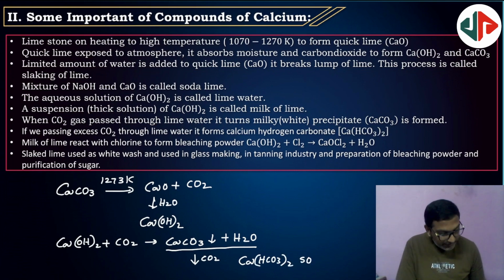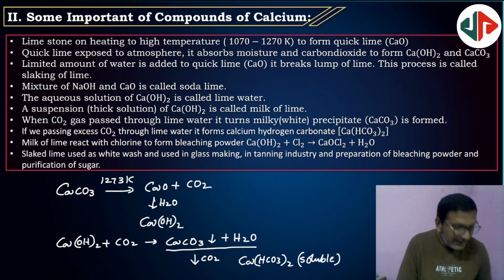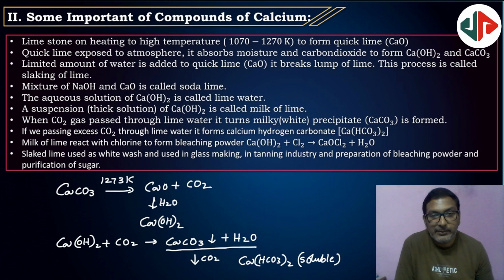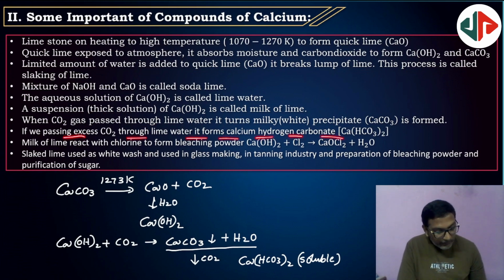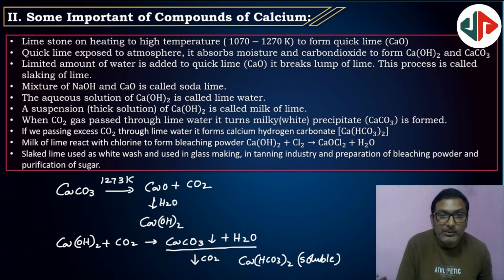It is completely soluble. That means milkiness disappears. Milkiness is due to formation of CaCO3. So by the addition of excess amount of CO2 to this solution, milkiness disappears due to formation of calcium bicarbonate. This point is given here. In the excess of CO2, carbonate will be converted to bicarbonate, then milkiness disappears.